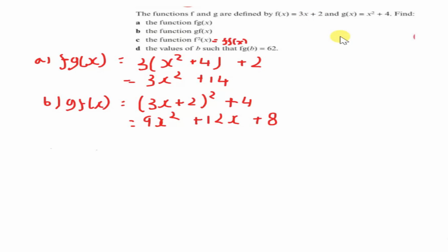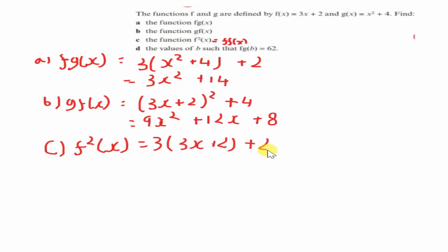So I'll say that for part C. f squared of x is 3, and wherever there's the x, we're plugging its own function back in, so we're saying 3x plus 2, and then we've got the 2 at the end to add on.